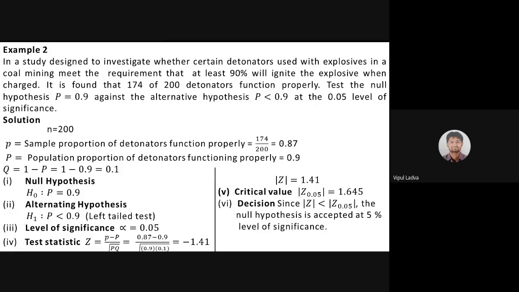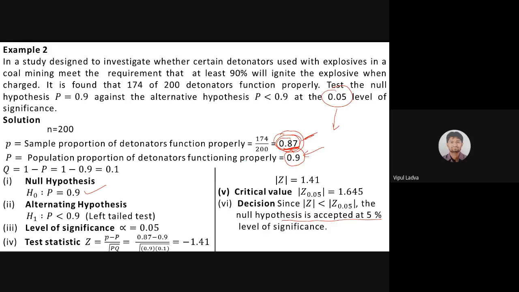The sample proportion is 0.87, and the claim is 0.9. We know the sample proportion is already less than 0.9. The claim is that at least 90% of the explosives will be fine, and we saw 0.87 in the sample, yet we are accepting that null hypothesis, because the level of significance here is 5%, which means we are fine with a 5% error out of 100.